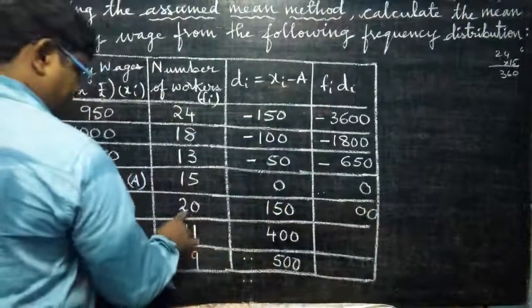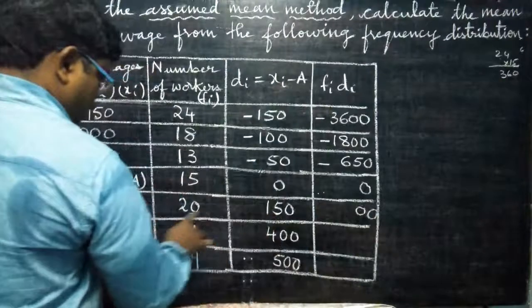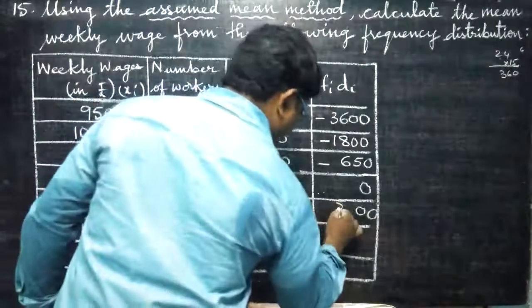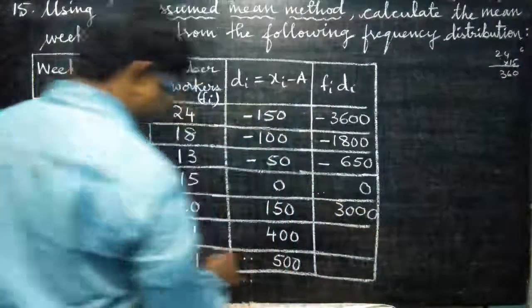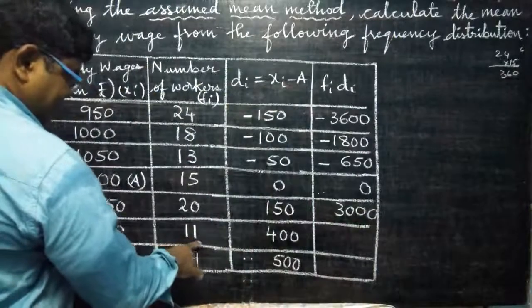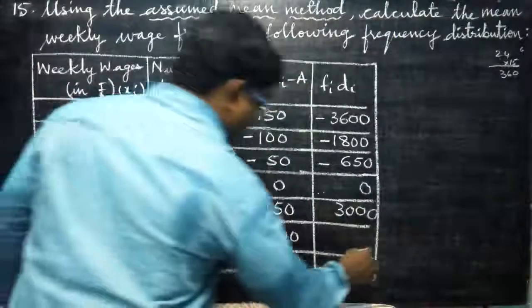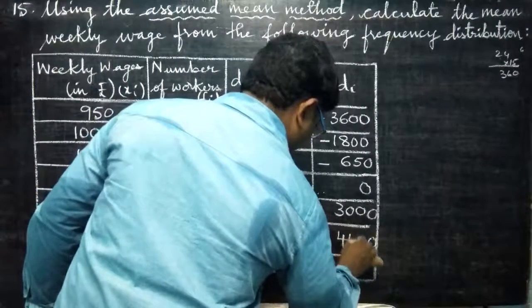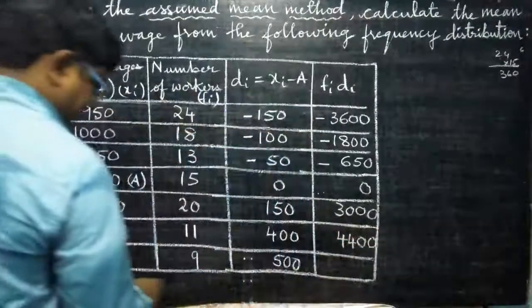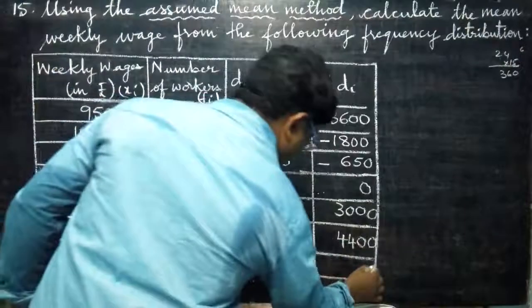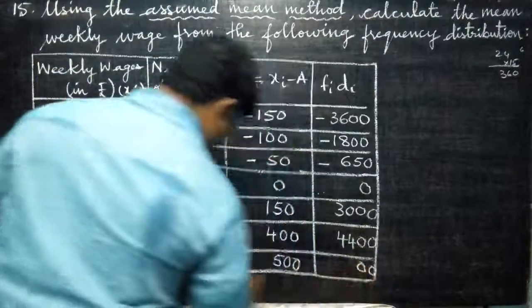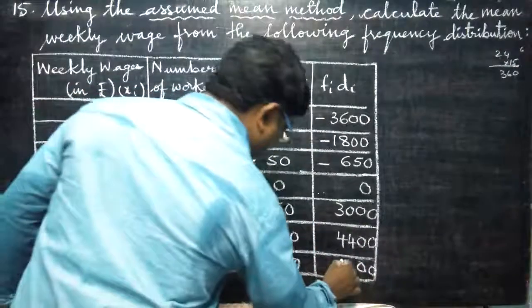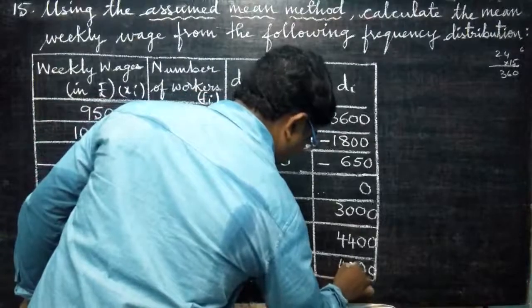Next 15 2s, 2 15s are 30, so 3000, plus 3000. Next 11 into 400: 2 zeros you write first, 11 4s are 44, 4400. Next 2 zeros you write first, 9 5s are 45, write 45.